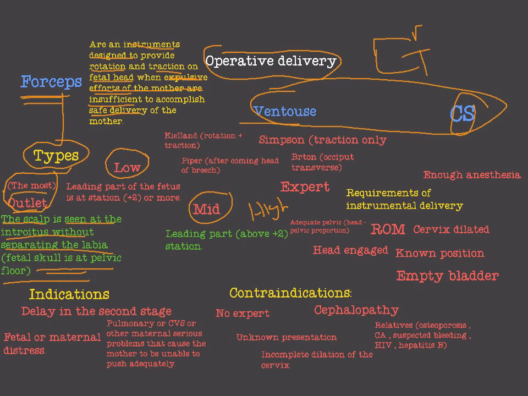Nowadays it is not just the most used; in some countries it is the only one used because of the danger and complications of the low, mid and high forceps. What is the low forceps? It is when the leading part of the fetus, the skull, is at station +2 or more, so it is less advanced than the outlet forceps. At +2 or more station we use the low forceps, named low because the presenting part of the baby is low.